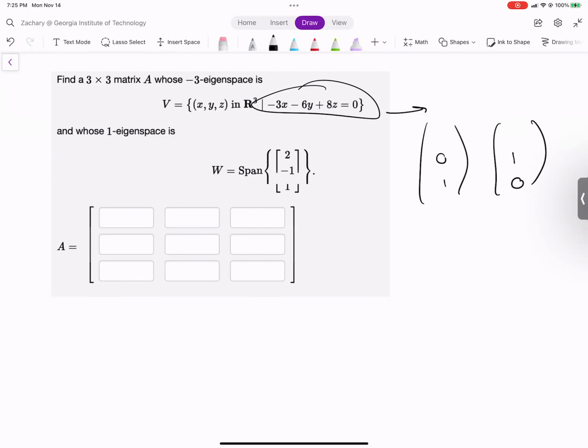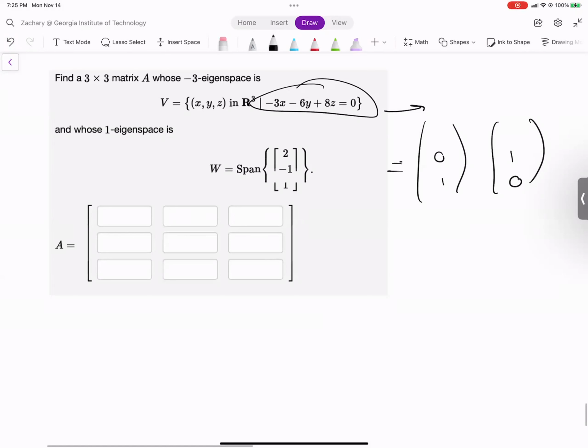Okay. So we know y and z are two free variables. So I just make 2 vectors where one is 0 and the other is 1, and then I switch them. Okay. So then I plug it into this equation and see what I have to have for x. So this one has negative 3x plus 8 equals 0. So x equals 8 over 3.